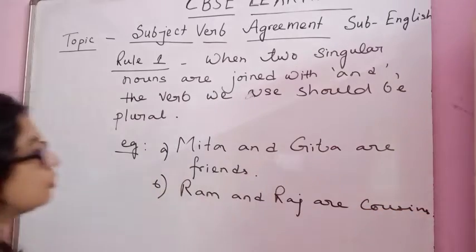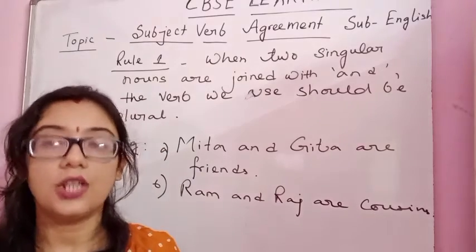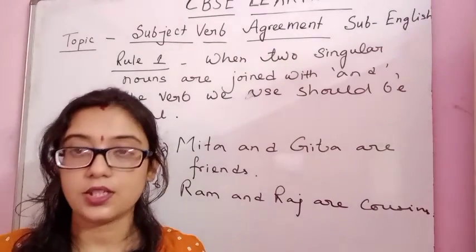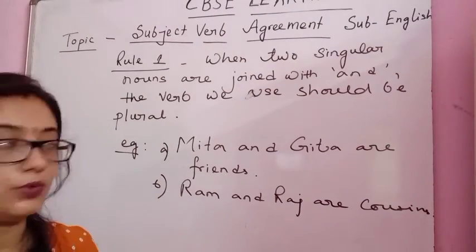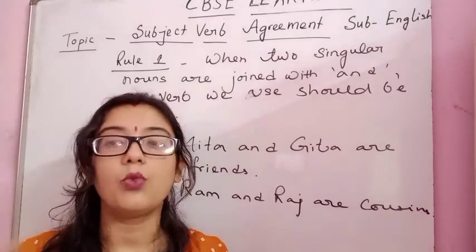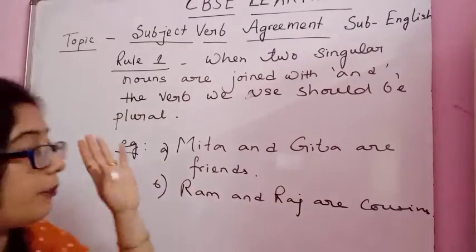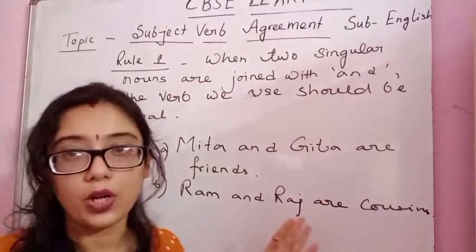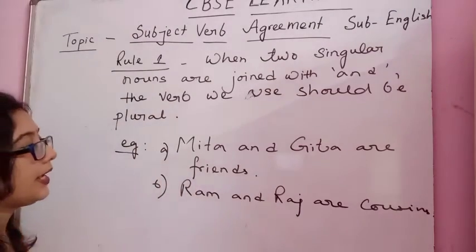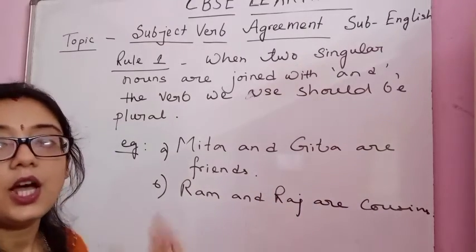Here we are using "and" to join the singular nouns, and it can be two or more singular nouns. When two or more singular nouns are joined with "and", the verb should agree with the plural form. Like Meeta and Geeta are friends, Ram and Raj are cousins. So this is the first rule.